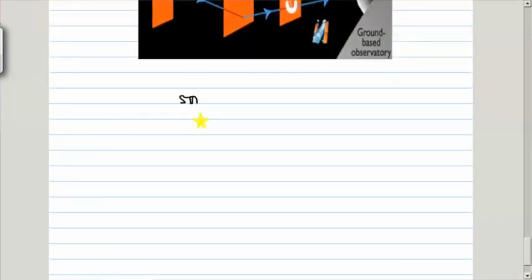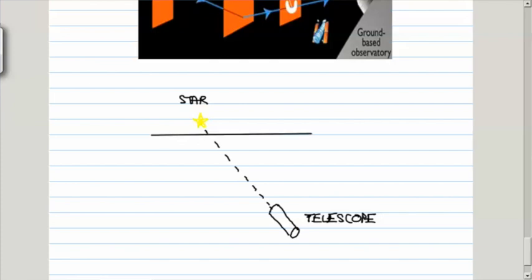So here is the star, and say this is the telescope, and this would be the line of sight to the star, and say a MACHO is passing between us and the star at some distance above the line of sight. So here is the MACHO.